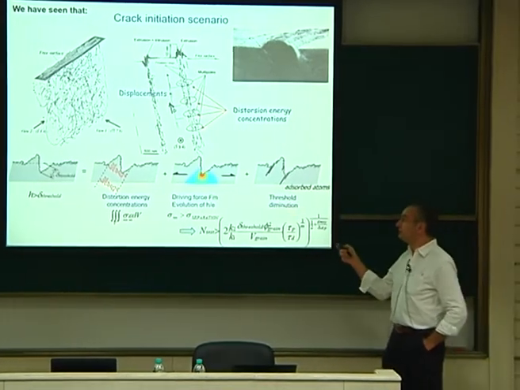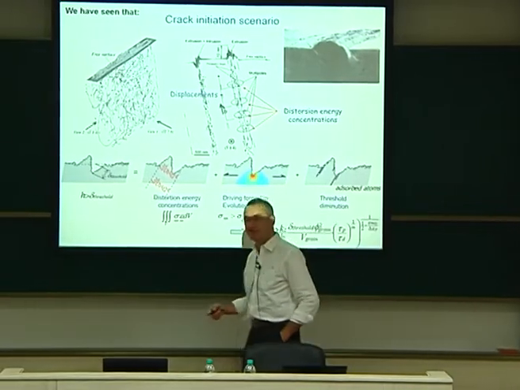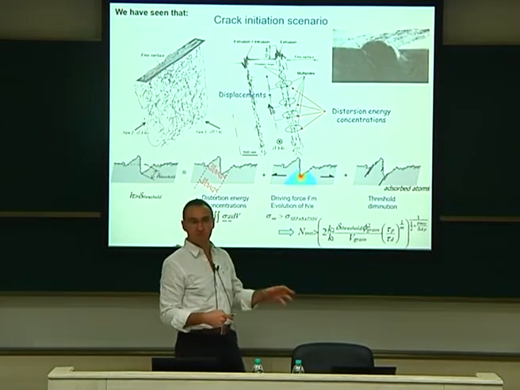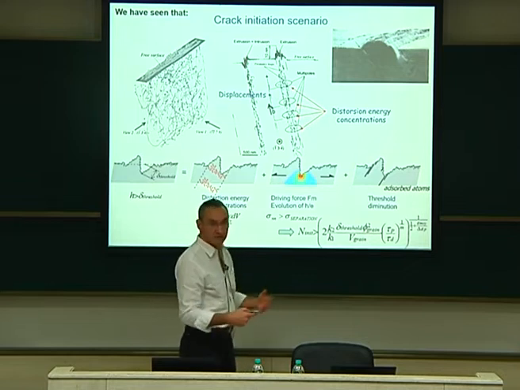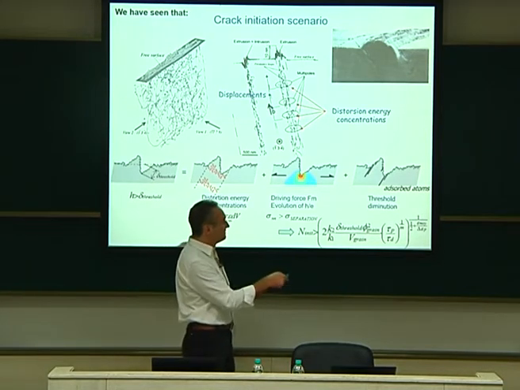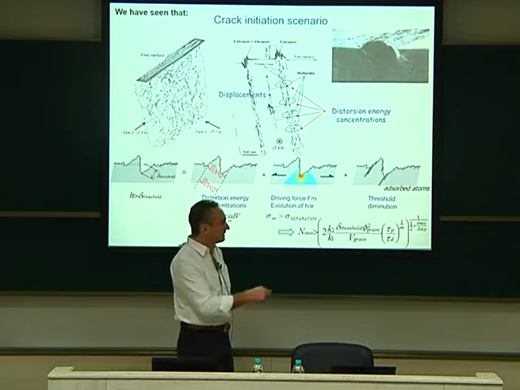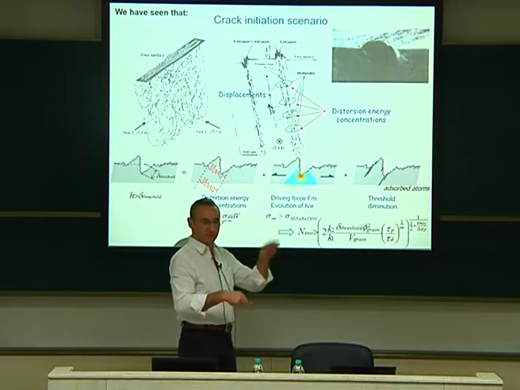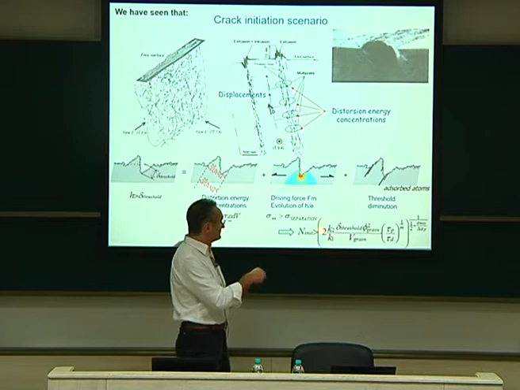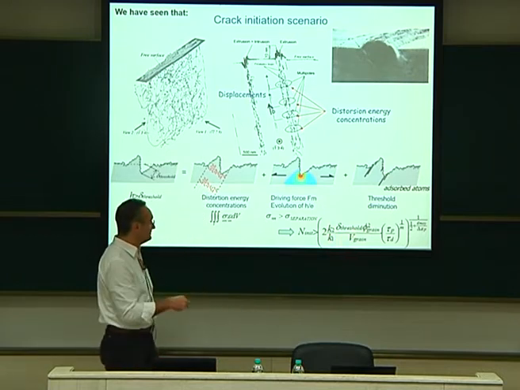So finally we were able to say that the number of cycles for initiation will follow such a law, which is maybe phenomenological, because it's a fit of the DD outputs, which depends on several parameters such as the loading, the mean strain you apply, the strain amplitude, the shape ratio of the grain, and so on.